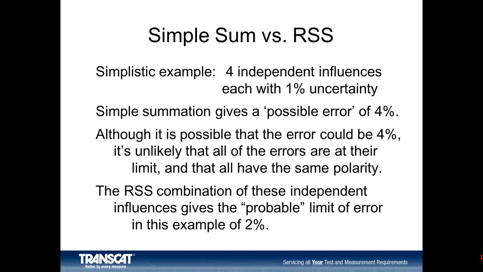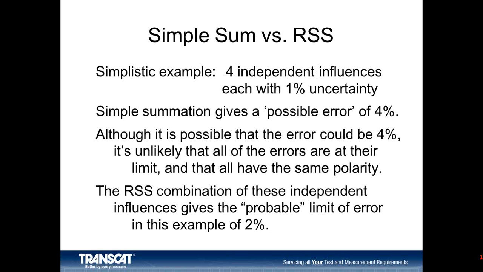And while it is possible that the error could be 4%, it's actually rather unlikely that all of those components would be at the 1% limit and all in the same direction. It's probable that they would have varying degrees of error within that 1%. Some would be plus, some would be minus.